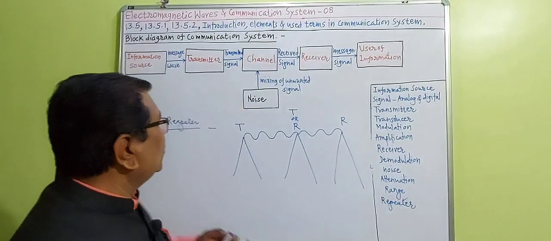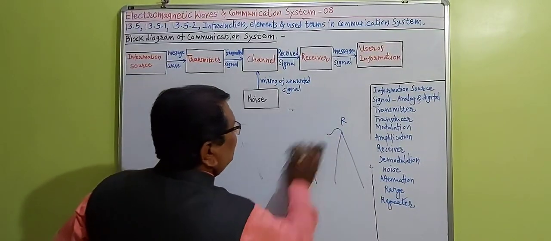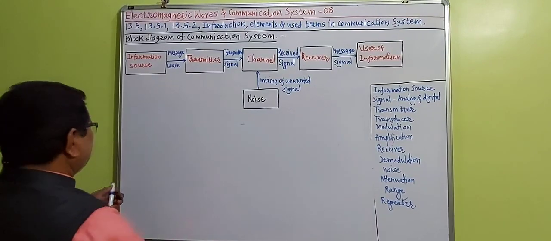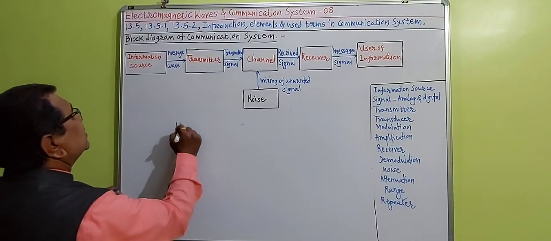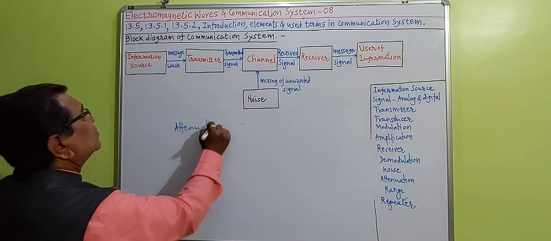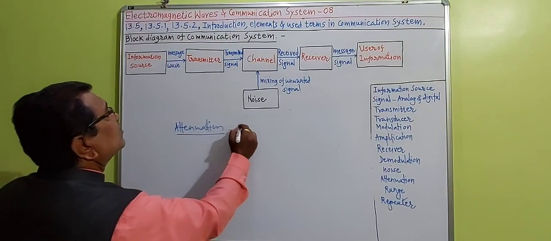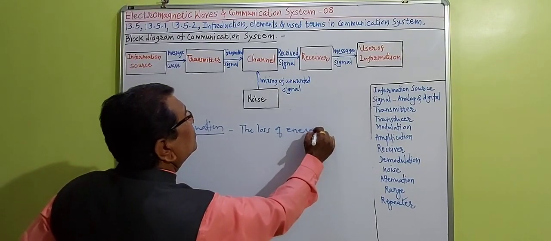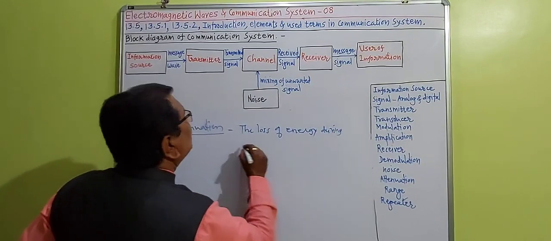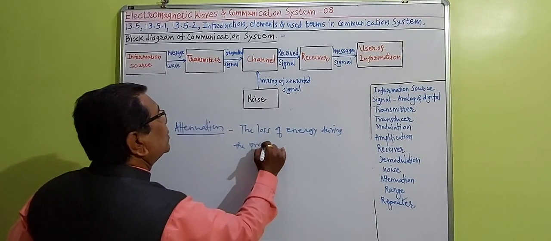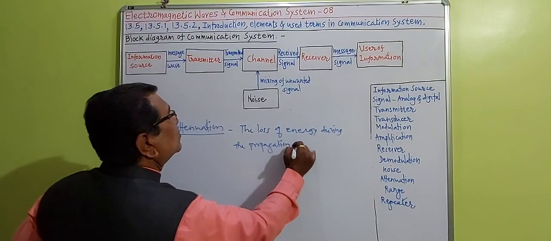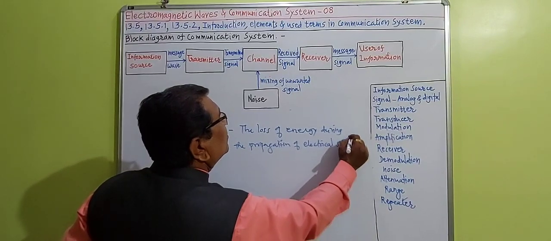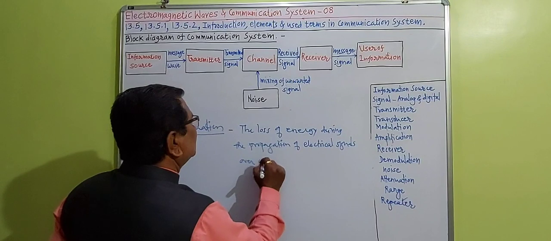Attenuation is the loss of energy during the propagation of an electrical signal over a longer distance.